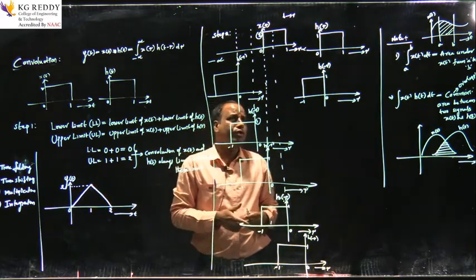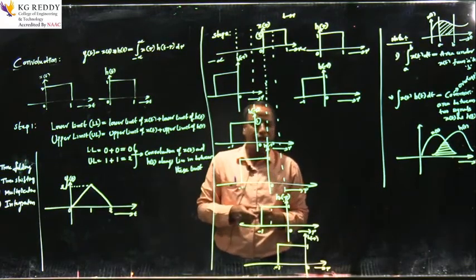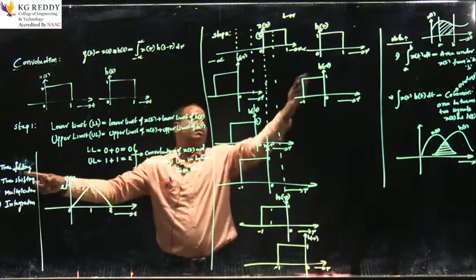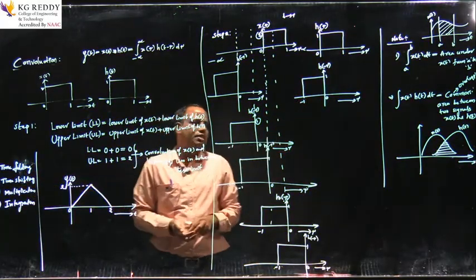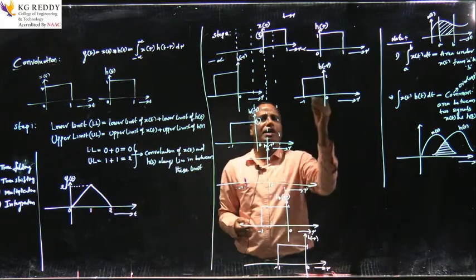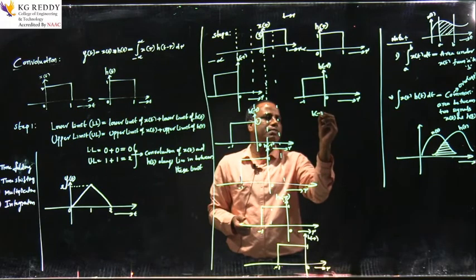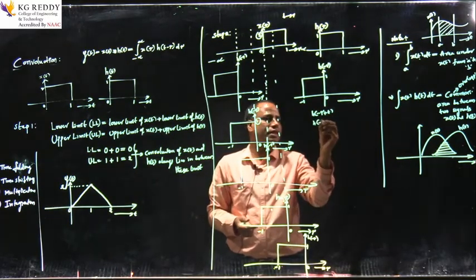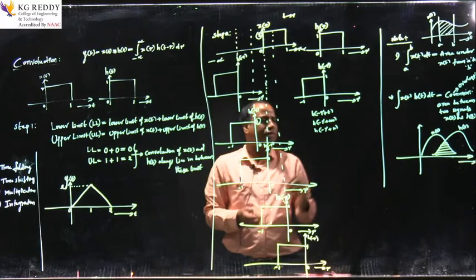Now if you look at this entire process of convolution, directly or indirectly we have time folding in the second step, and time shifting, in the sense that we give different values for this particular t plus tau. Maybe the first time we say minus tau plus 100, the second time minus tau plus 10, and so on, by decreasing the values.